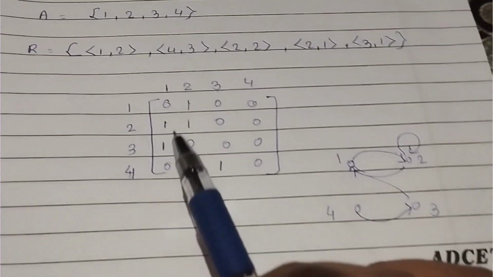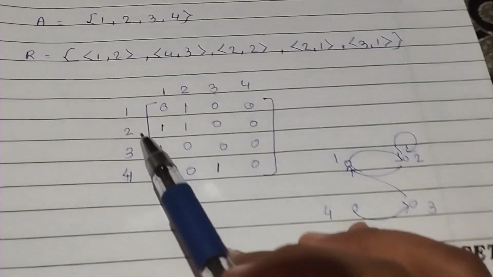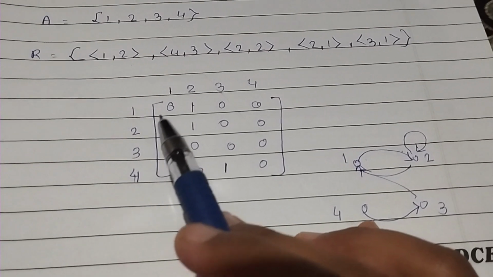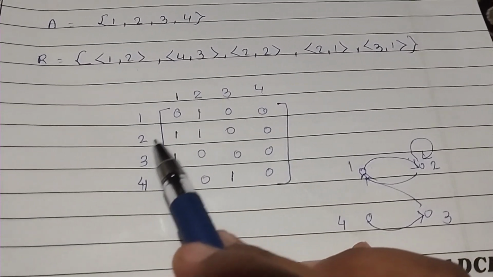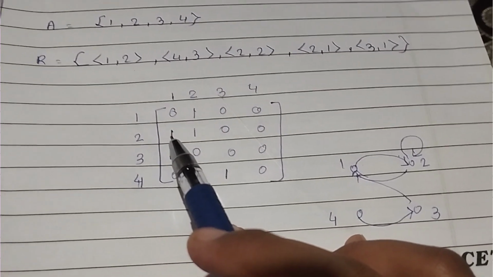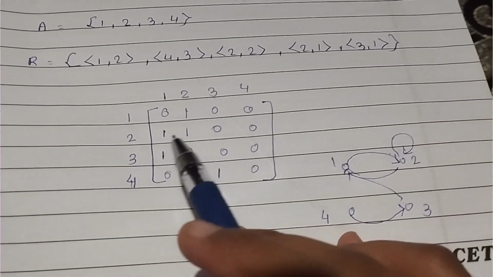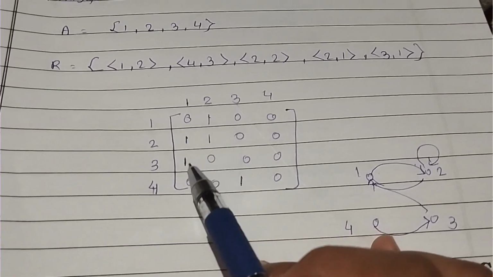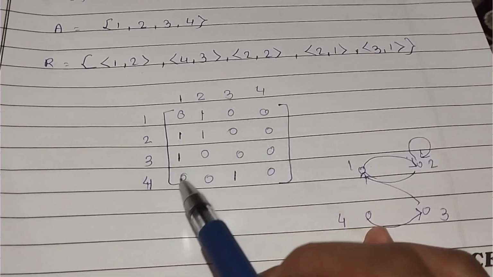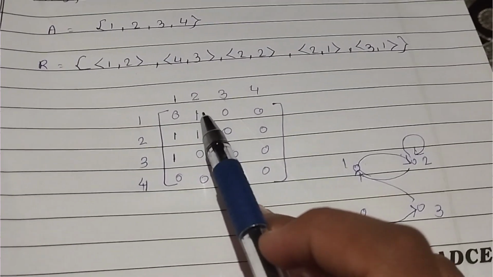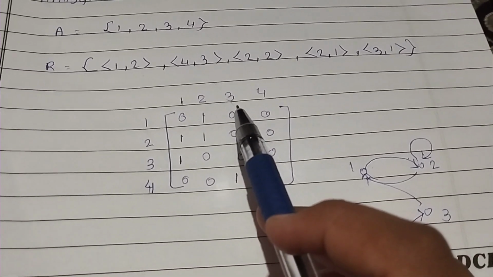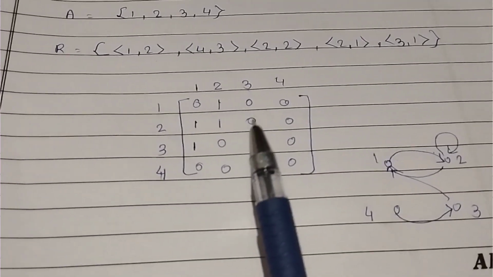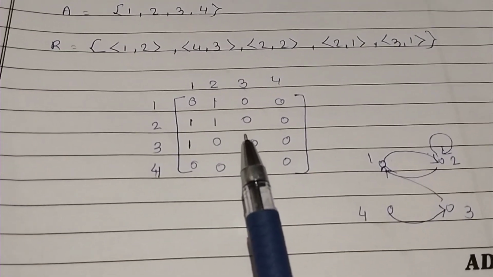Now the symmetric. What do we want for symmetric? If 1 2 is present, then 2 1 is also present. So in this way, if the upper triangle and lower triangle are equal, meaning 1 and 2 with 2 and 1, 3 and 1 with 1 and 3, that type of elements are similar, that time this follows the symmetric property.